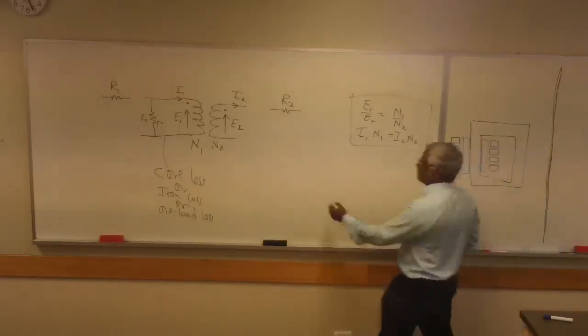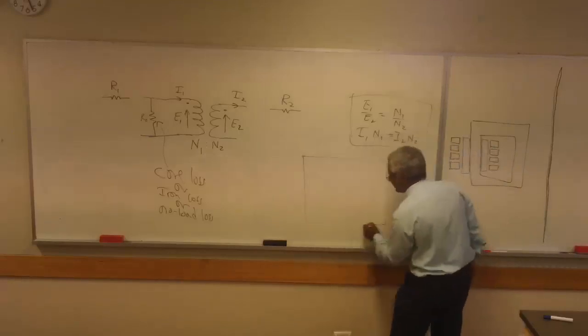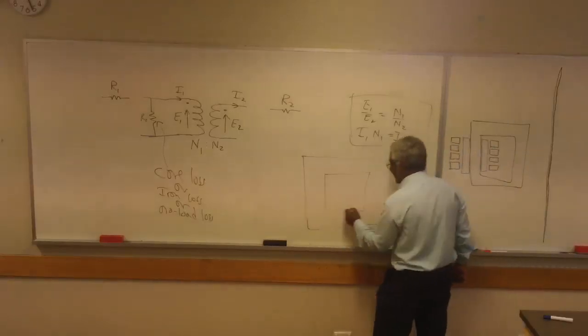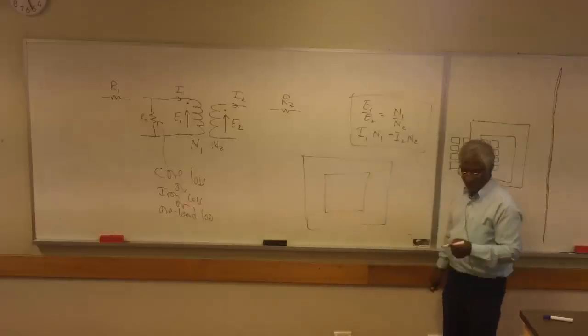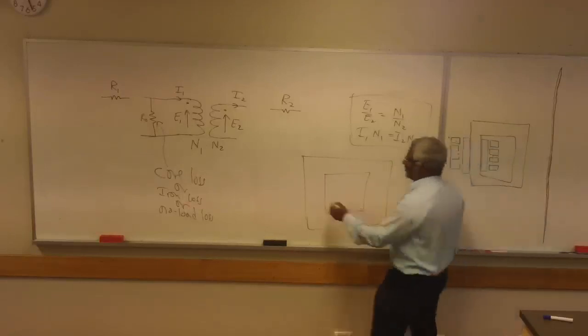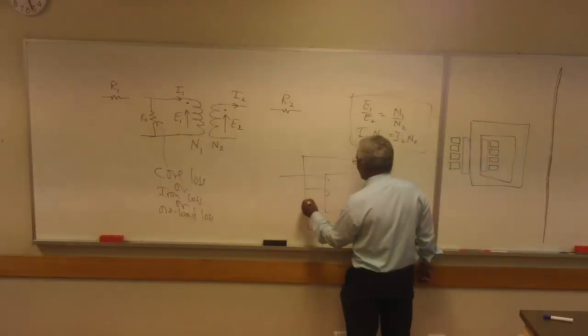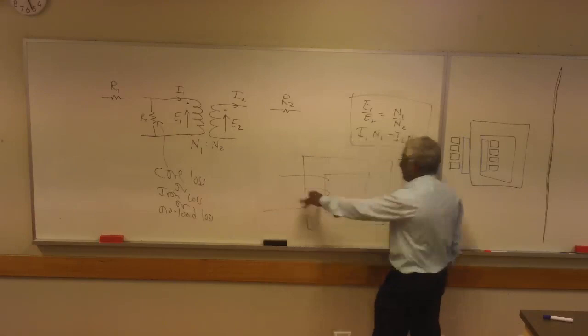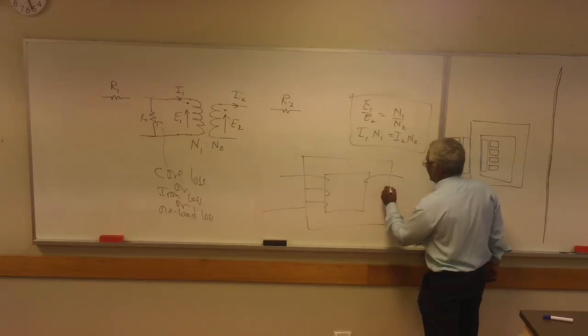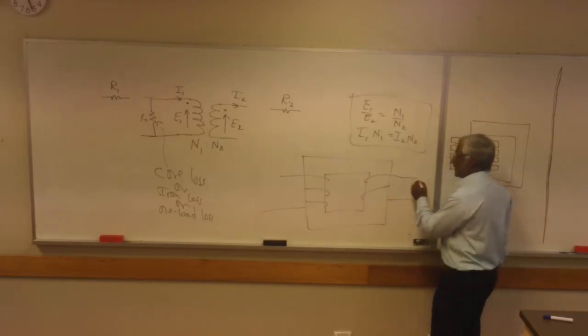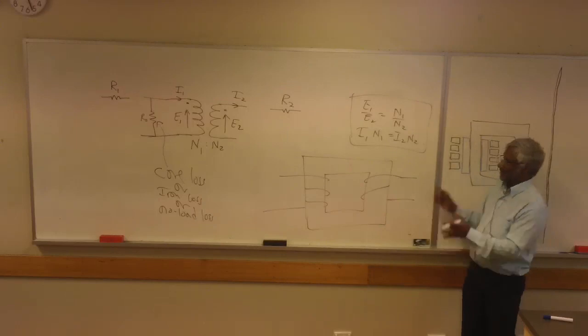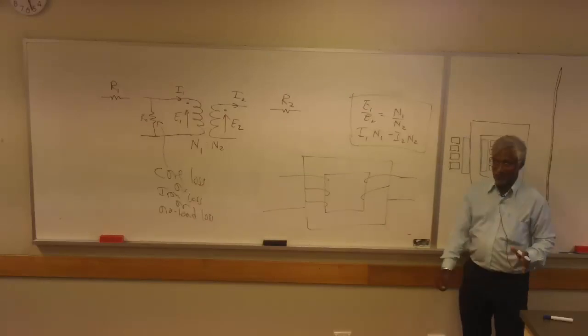So let's say that you copied your textbook literally, and you made a transformer that looked like this. So primary side there and secondary side there. So that's your transformer. As I say, we don't build transformers that way. Not normally, anyway.